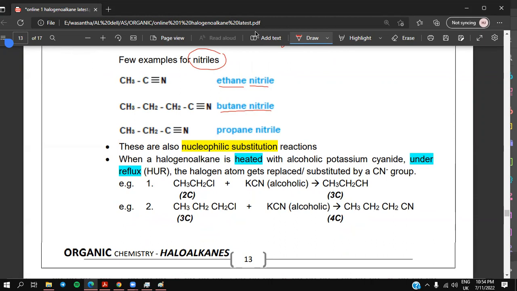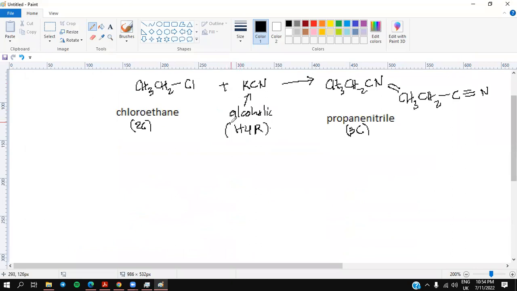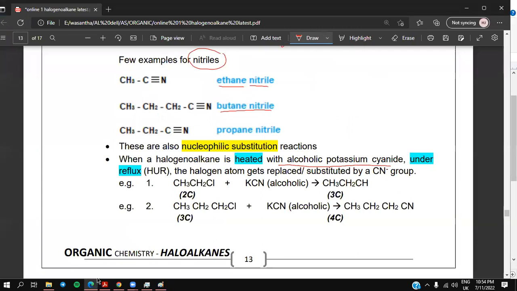When a halogenoalkane is heated with alcoholic potassium cyanide, the halogen atom gets replaced or substituted by a CN group.